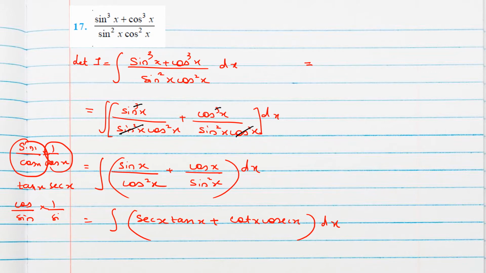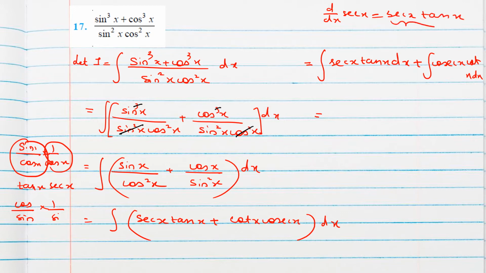After this we can separate the integral. Sec into tan plus cosec into cot. Since we know the derivative of sec is what? Sec into tan.